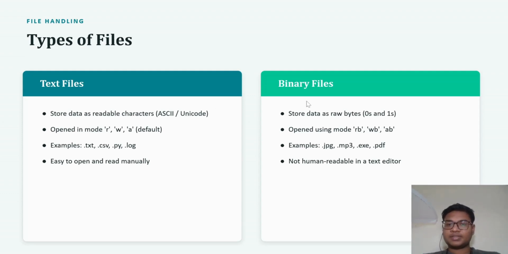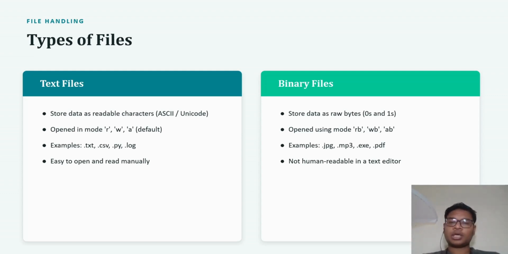But binary files store data as raw bytes. Binary means 0 and 1. They are opened using modes rb, wb, ab.